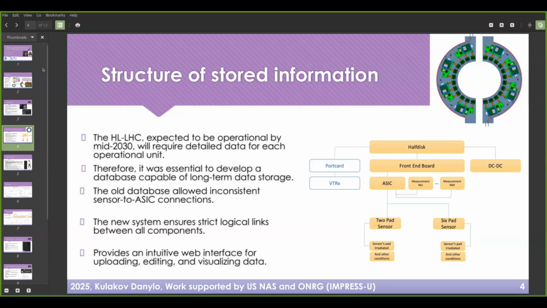For example, measurements can be different. Some measurements were done at room temperature or at high temperature, before irradiation, after irradiation, and all that data needs to be stored. Also we need to compare different measurements with each other.